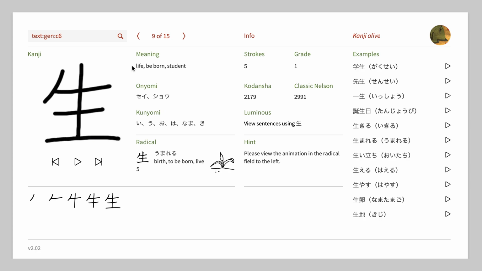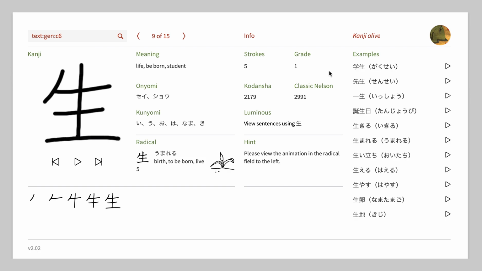The basic meaning of this kanji has to do with life, birth, also being a student. The u reading of this comes from umu or umareru, to be born, to be brought to life, essentially. And as you might imagine, lots of examples of words that employ this kanji.